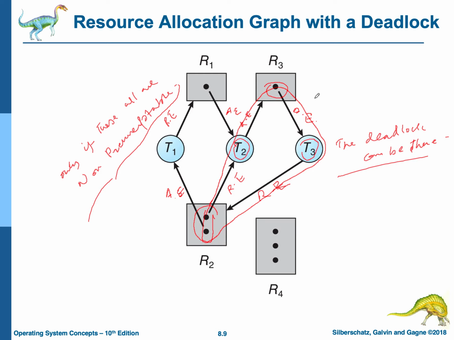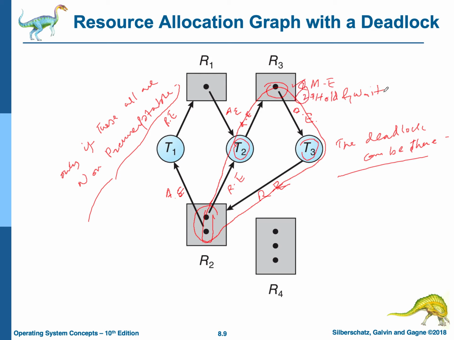So number one condition, there is mutual exclusion. Yes, there is mutual exclusion here, and hold and wait also exists there, because everybody is waiting for everybody else. Number one, mutual exclusion is there.